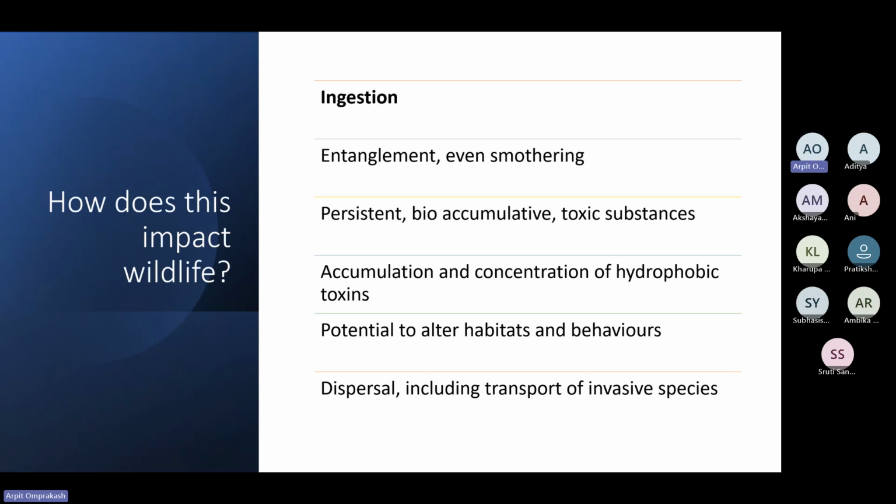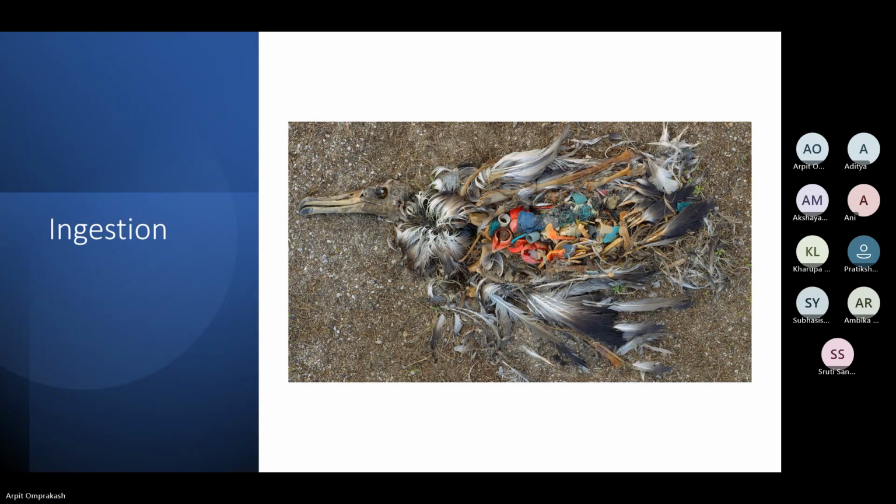So how does this impact wildlife? How does this plastic debris impact wildlife present in the marine system, for example? The first thing it leads to is ingestion, and basically death of organisms due to ingestion. For example, this is a photo of a juvenile albatross, which was probably fed a lot of plastics by its parents.